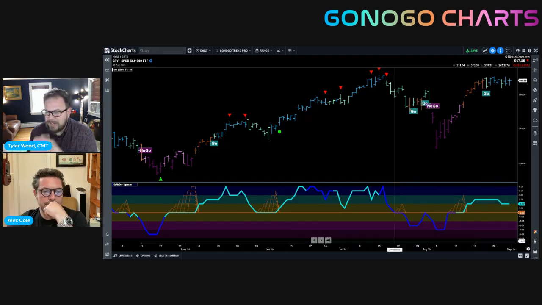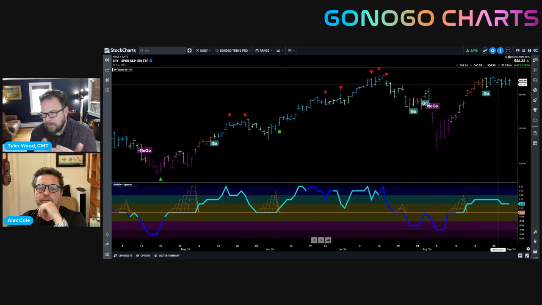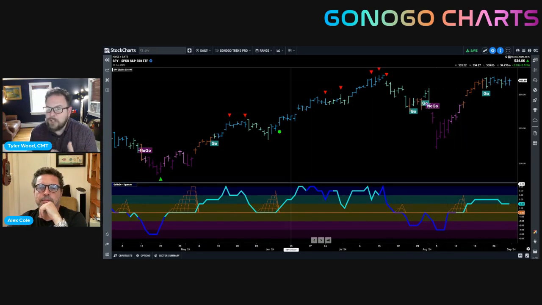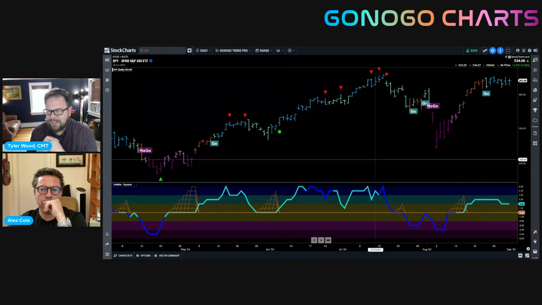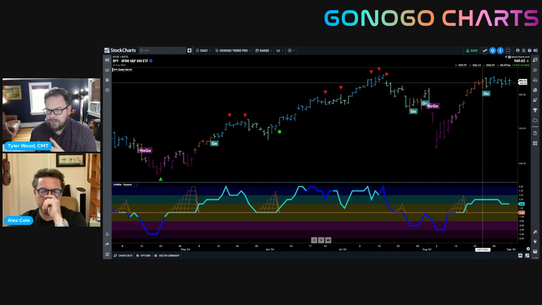And so we've got a composite trend model in the background. And when it is in those aqua and blue colors, we're in a go trend. All probability is on the side of prices moving higher. When we're in purple and pink, it's in a defined no-go trend, or probabilistically heading lower. And those amber bars, of which we had a string 3 weeks ago, really showing the market's uncertainty.